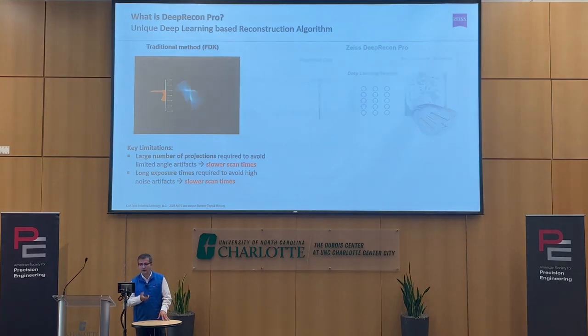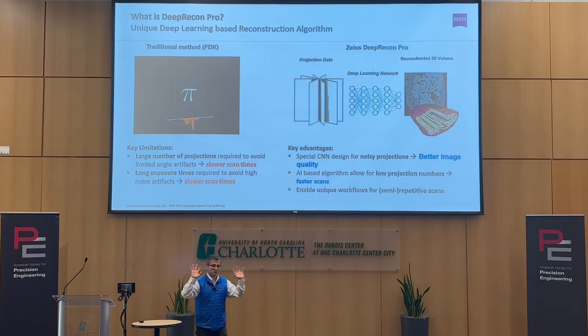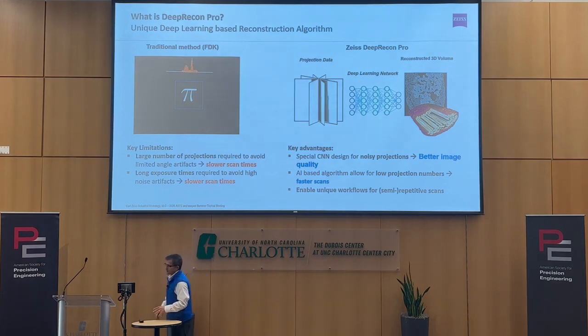But we have now new technologies that can improve things. The disadvantage of the traditional analytical algorithm is that you need a bunch of projections, more than 1,000 or 2,000, to be able to create a decent image quality in the data. So the scan is slow, and still you might have some noise in the data.